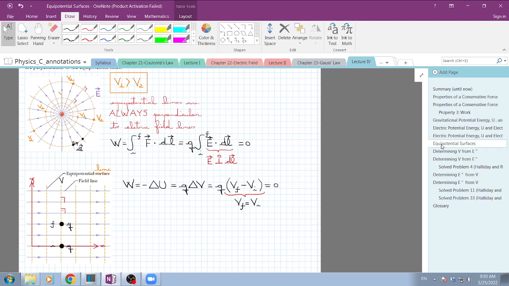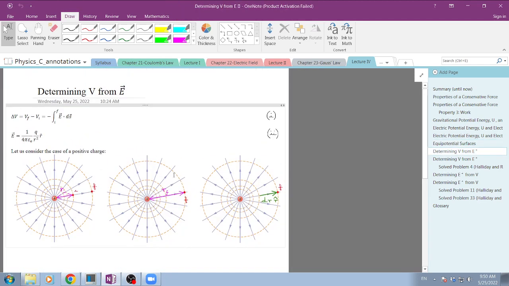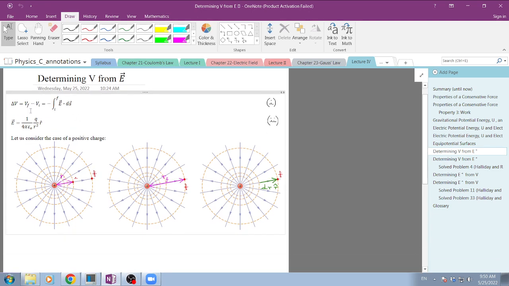The potential surfaces, and I would like to move to the next topic, which is how exactly we can find a mathematical expression for the potential from the electric field. For that, I'm going to use what we already know, already proven, that the potential difference is expressed by this integral here, right?